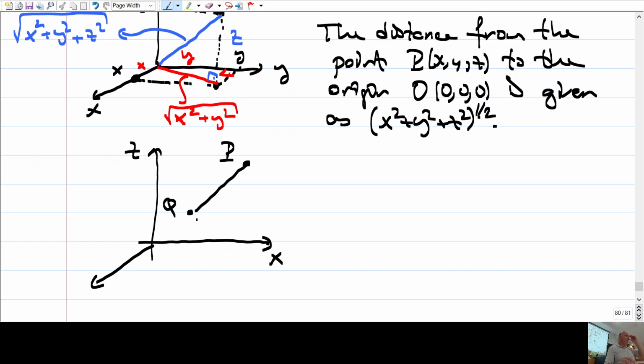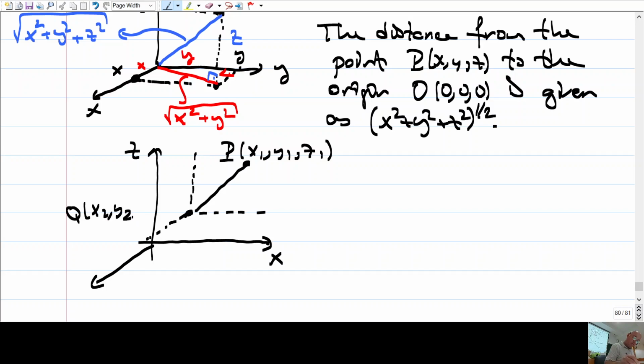Consider as if Q is your origin. Then we have a coordinate system like this. Suppose P has coordinates x1, y1, z1, and this point Q has coordinates x2, y2, z2.